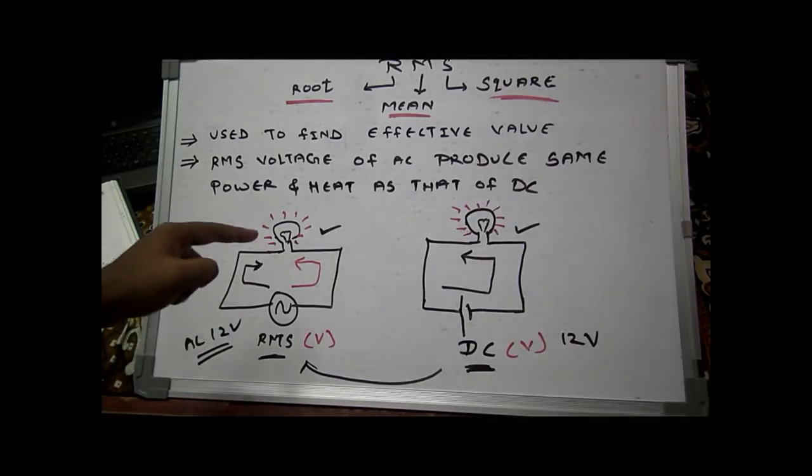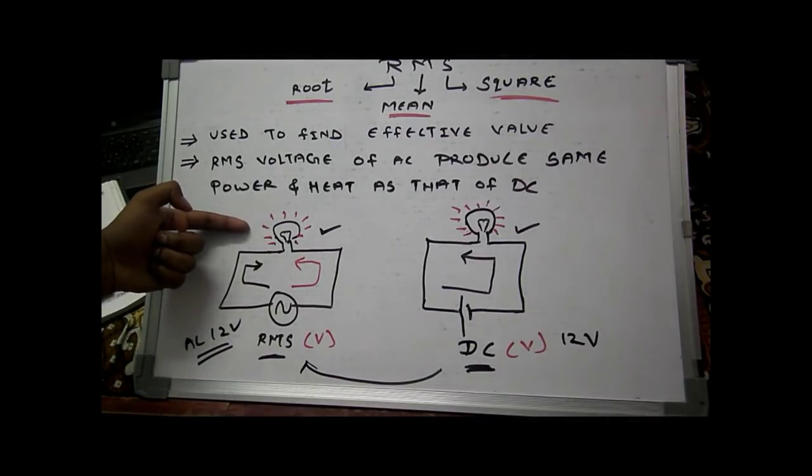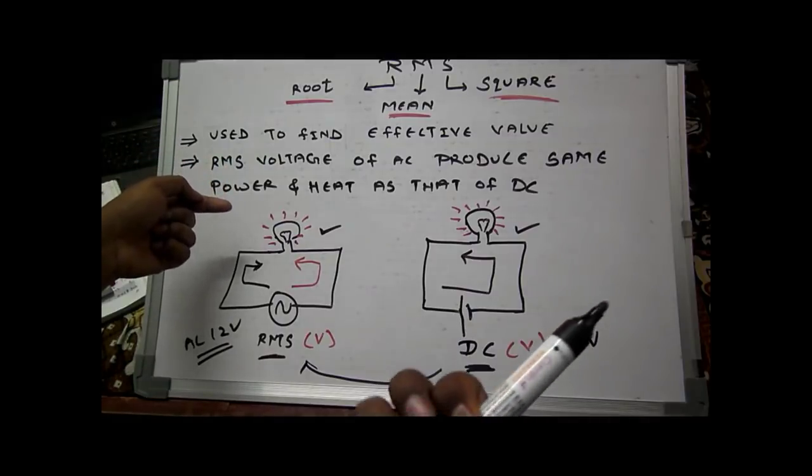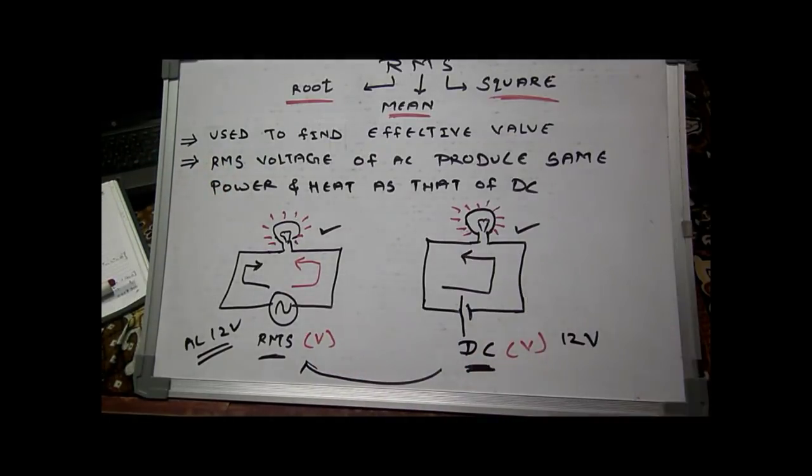That means if we provide this bulb 12 volt AC RMS, it will produce the same heat, same power, and the same brightness as DC, which is also provided as 12 volt. I am not telling that 12 volt AC is equal to 12 volt DC. No, that is wrong. But 12 volt RMS AC is equal to 12 volt DC in terms of power and heat dissipation.